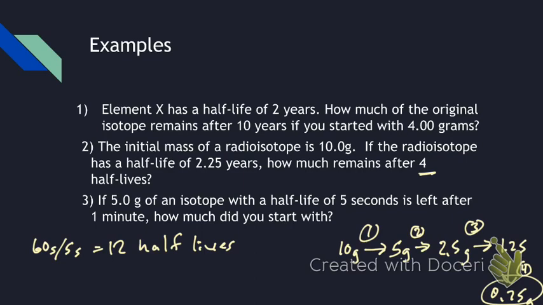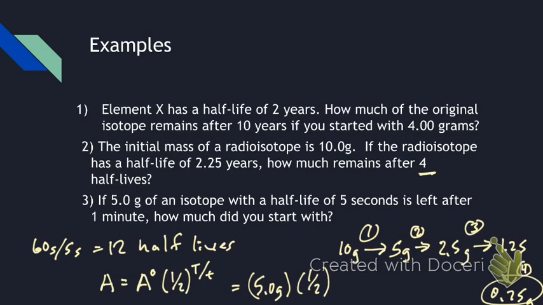Or you could say A equals A sub 0 times 1/2 to the power of T over t. If we plug this in, this equals 5.0 grams times 1/2 to the power of 60 seconds over 5, which is 12, right?